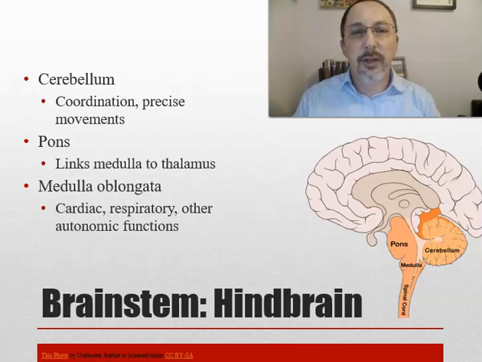Pons is Latin for bridge, and it links the medulla and the cerebellum with your thalamus. Your thalamus is like the center switchboard of the brain, which we'll see. The medulla is doing a lot of those automatic functions that we kind of take for granted. Beating your heart, breathing.